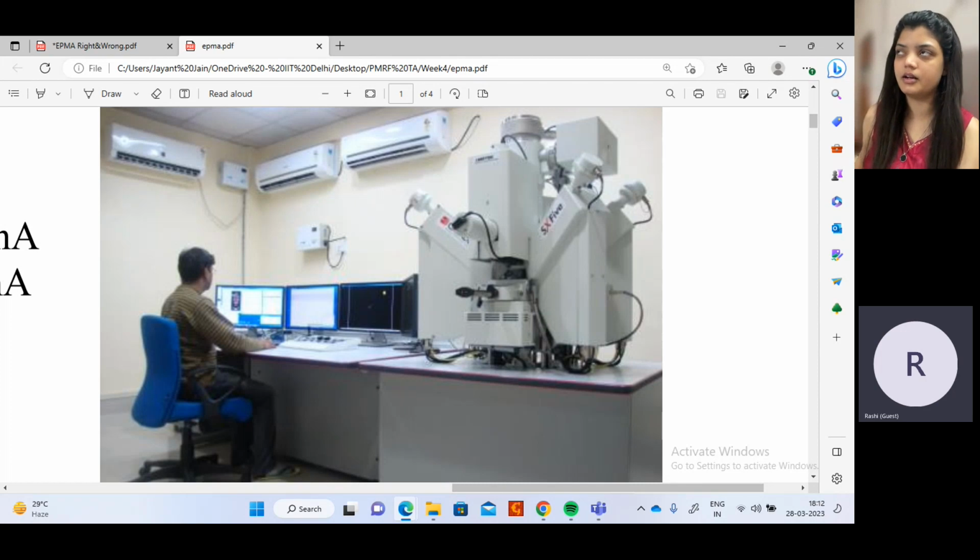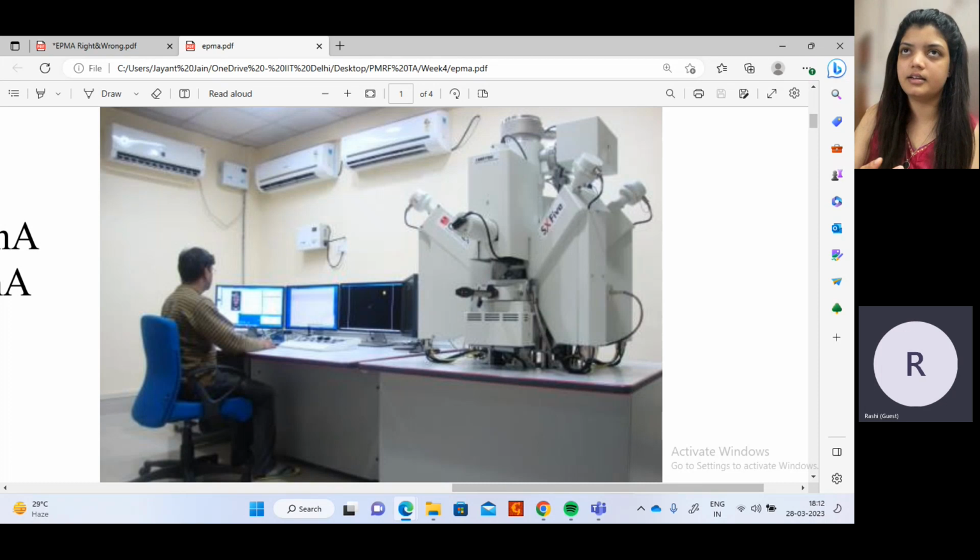Here WDS, wavelength dispersive spectroscopy, is used rather than energy dispersive spectroscopy while doing the analysis. You will be able to find the smaller peaks, rather than the overlay of peaks observed in the other case. I'll explain in detail one by one. WDS will be able to see minor peaks, and small amounts of intensity can also be observed.